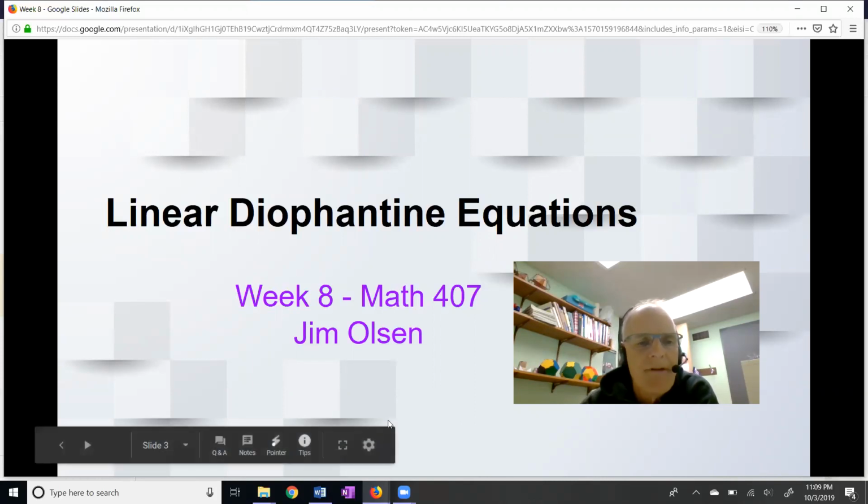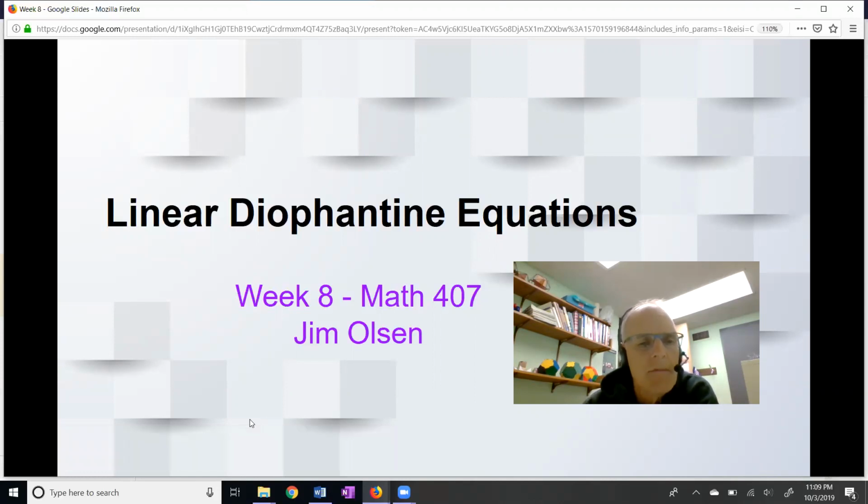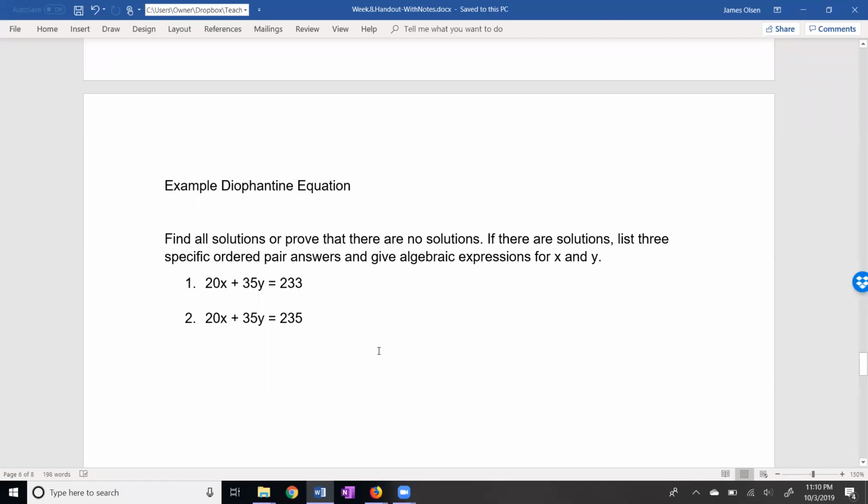The idea of a Diophantine equation is quite simple, accessible even to middle school students. So here are a couple of equations. 20x plus 35y equals 233. 20x plus 35y equals 235.